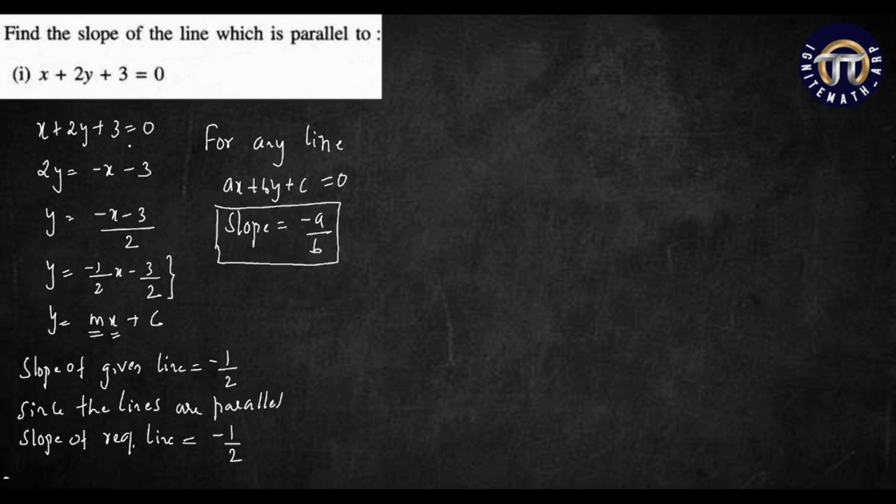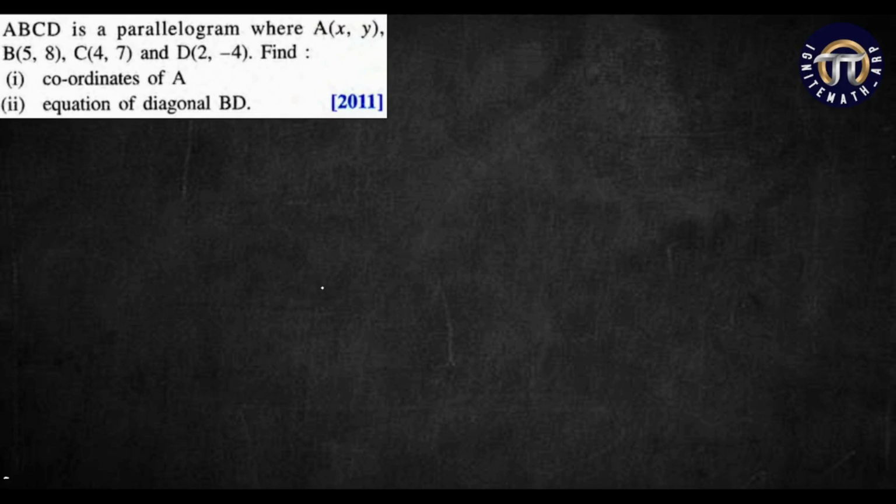In this case, the slope would be minus the coefficient of x, that is 1, by the coefficient of y, that is 2. See, we have got it as minus 1 by 2 itself. But this kind of method can be used in multiple choice questions where steps don't matter. Clear, children? So now let's move to the next question.